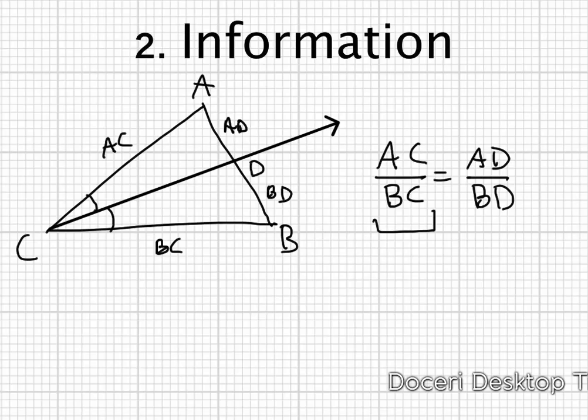So AC and BC are the sides of my triangle, and AD and BD are the segments that are created from my ray. Now this is very important to understand. This concept is matching the two things up together. That's what's important about this. Okay, so that's all the information we have. I know it took a long time, but I think it's worthwhile.